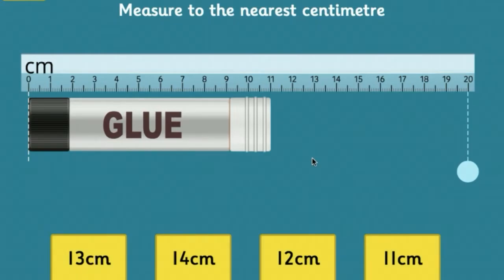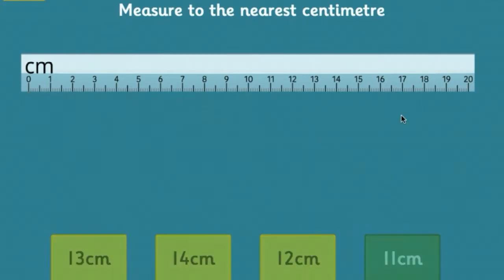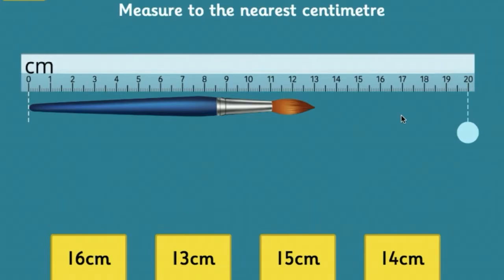We have another glue stick. Again, the edge is at the 0. Let's drag this icon to get a good measurement. We follow it up and it comes to 11 centimeters. Well done. We have a paintbrush now.